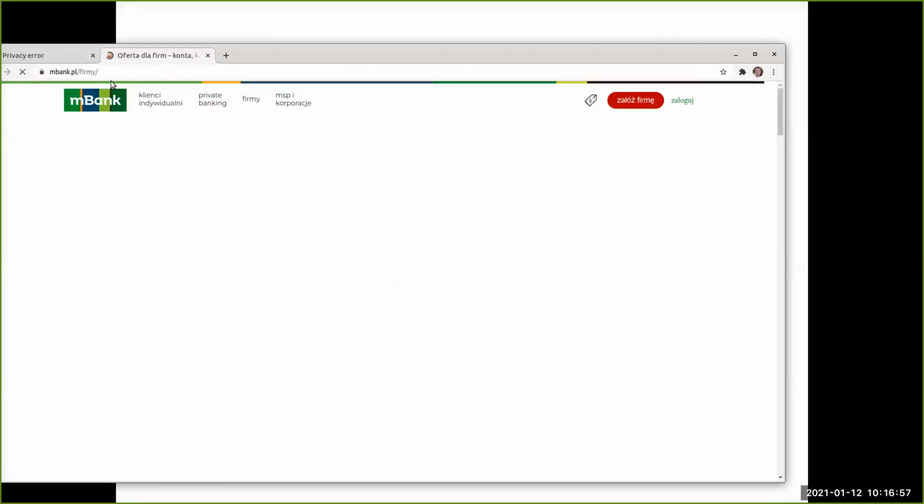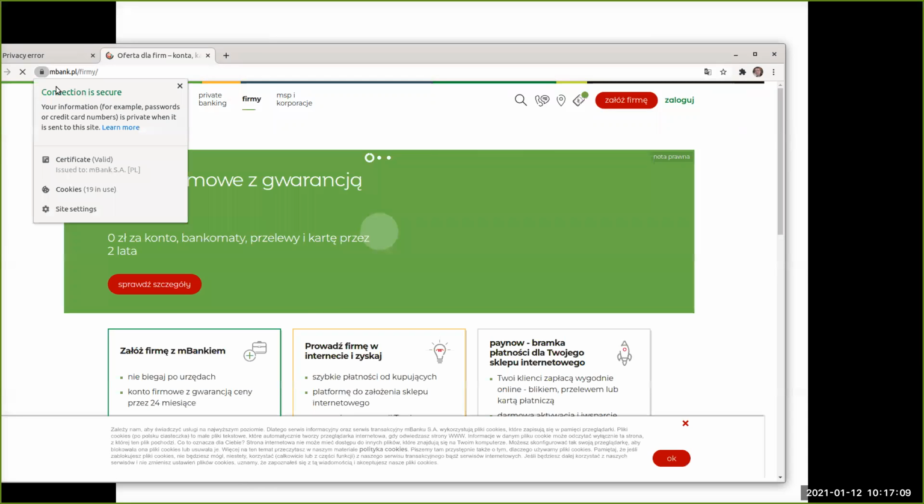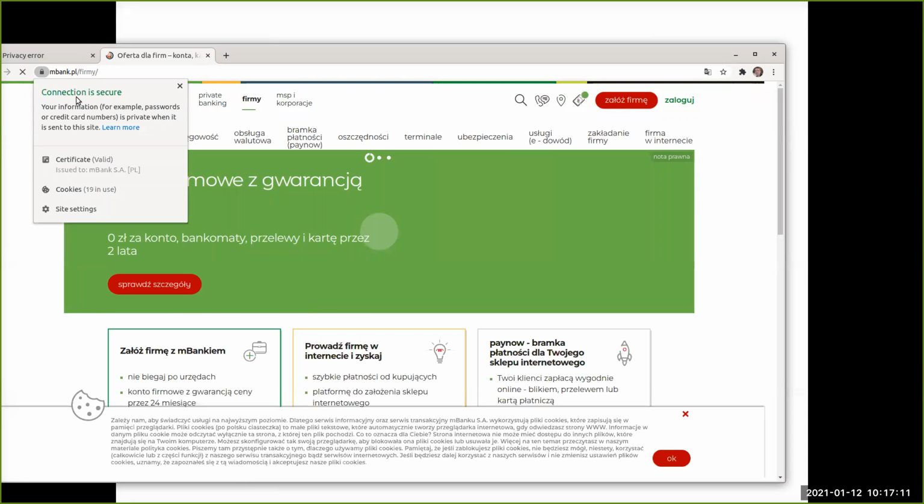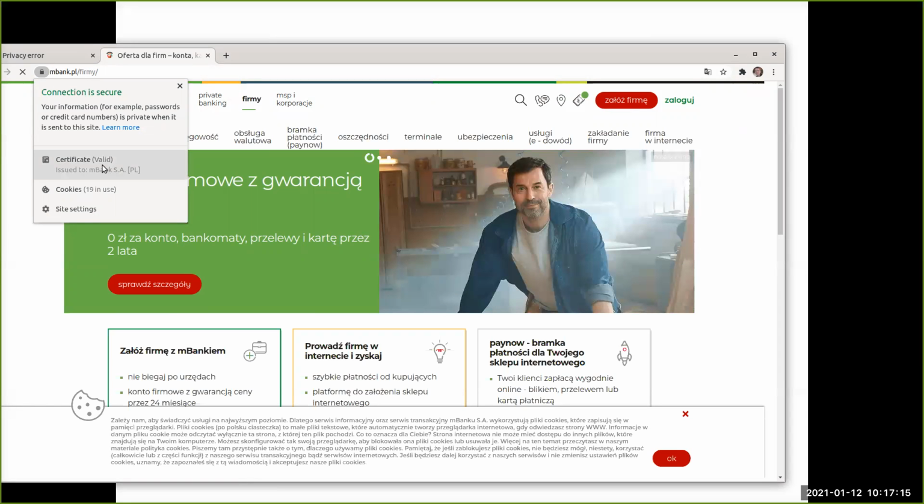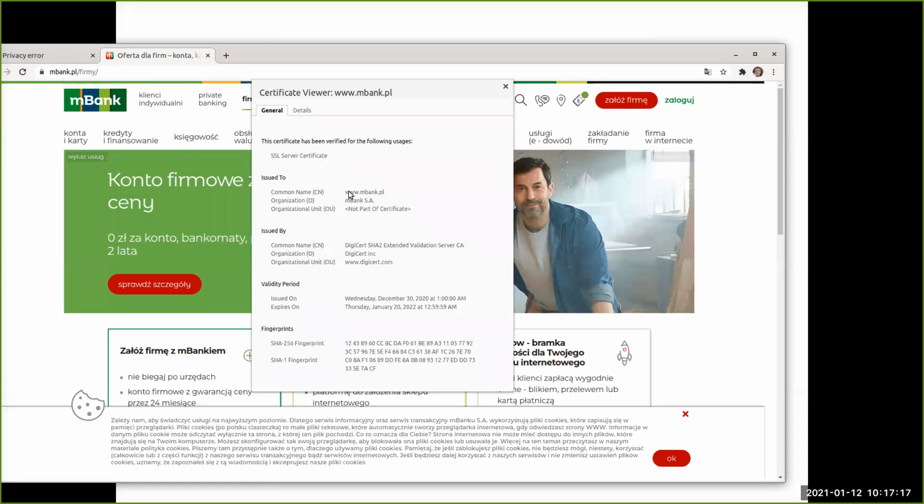So look, this connection is secure. Here you can see a lock, and when you click on it, you can see that the connection is secure, the certificate is valid, it is issued for mBank, and you can see some details of the certificate.